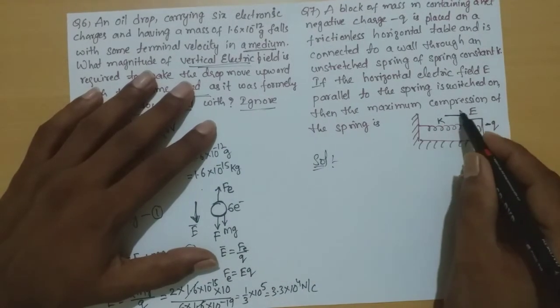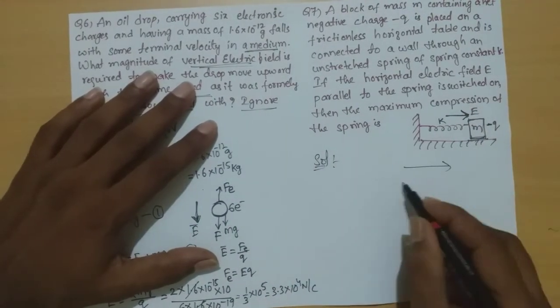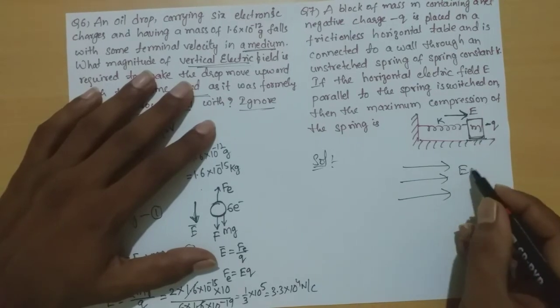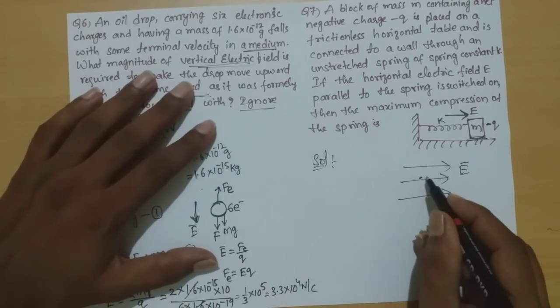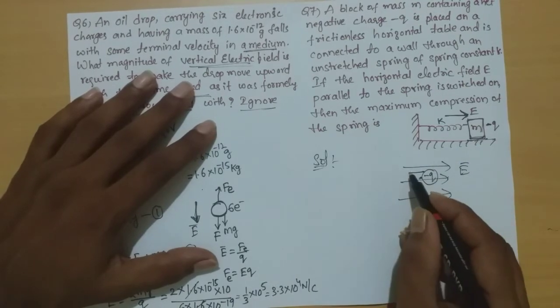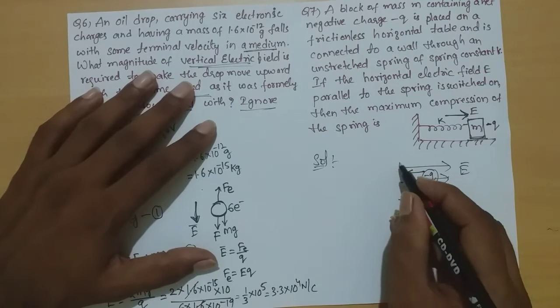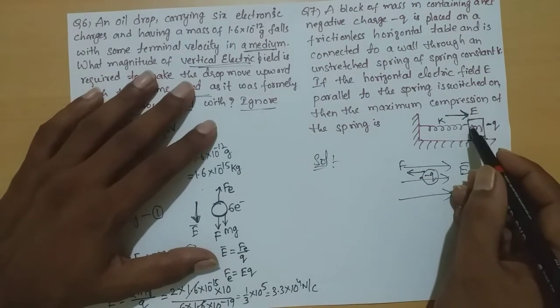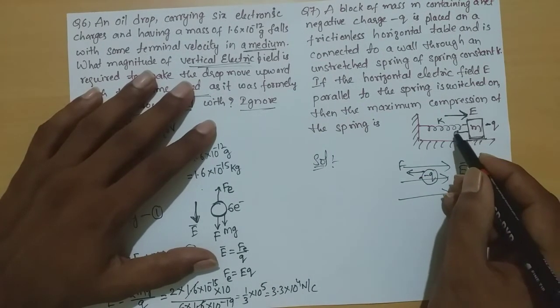Now the electric field is in this direction, and a negative charge, minus q, is placed here. The force acting on it is opposite to the electric field direction, so due to this force the block is displaced in this direction.